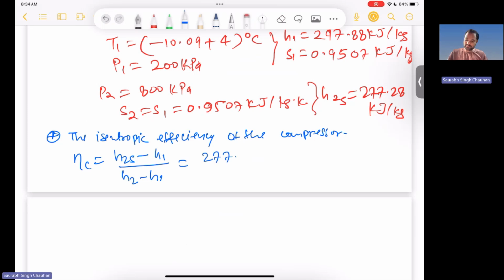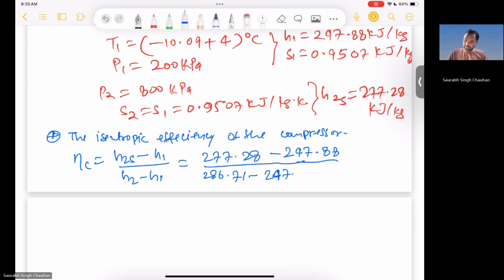You just need to put the values. So this is the isentropic efficiency.